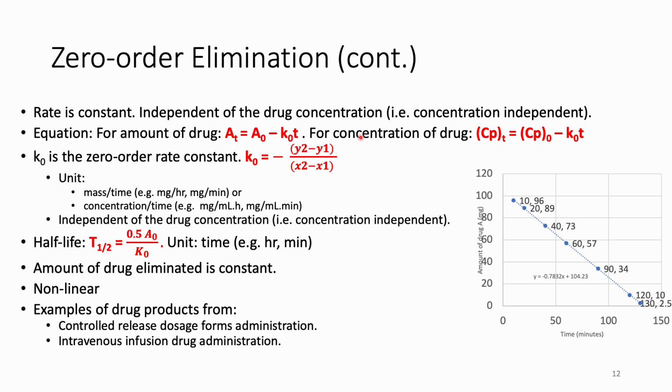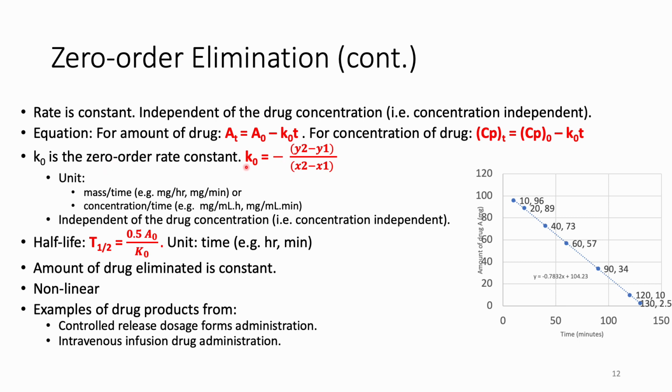If you have the drug concentration in plasma instead, you adapt it to Ct. That means the concentration of drug in the plasma at a certain time t can be predicted as the initial concentration minus K0 t, where K0 is the elimination rate constant. K0 is the zero-order rate constant.